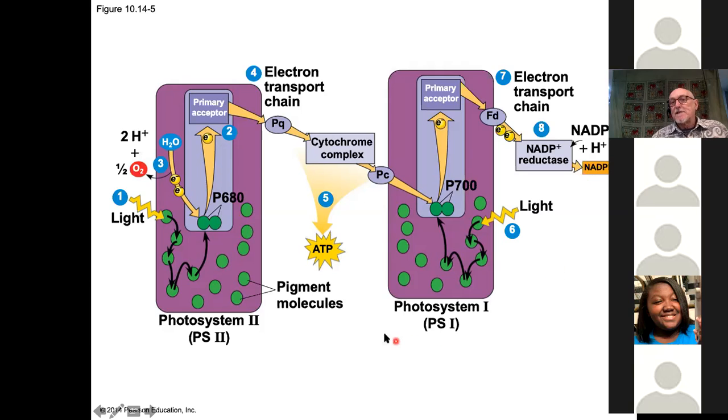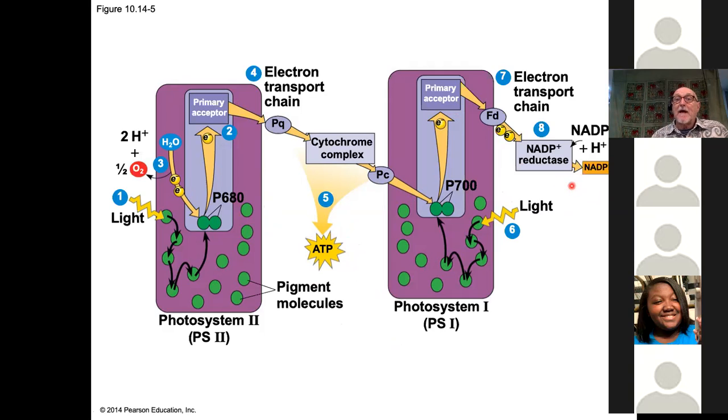So when we look at this whole light system, we watch these electrons as they tumble through, and we see that what they're doing is forming high energy compounds, which can now be used as a source of energy in the next set of reactions.